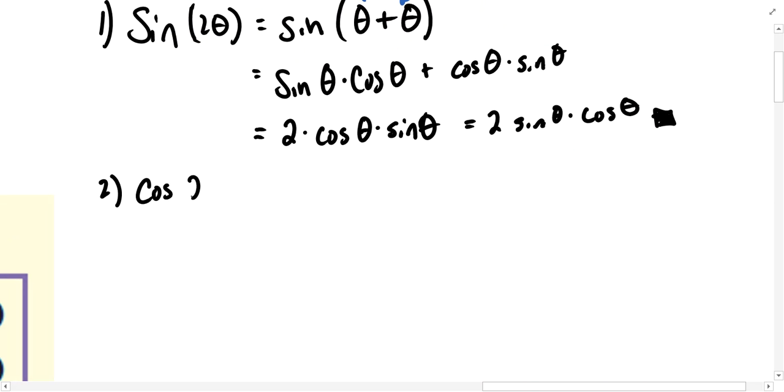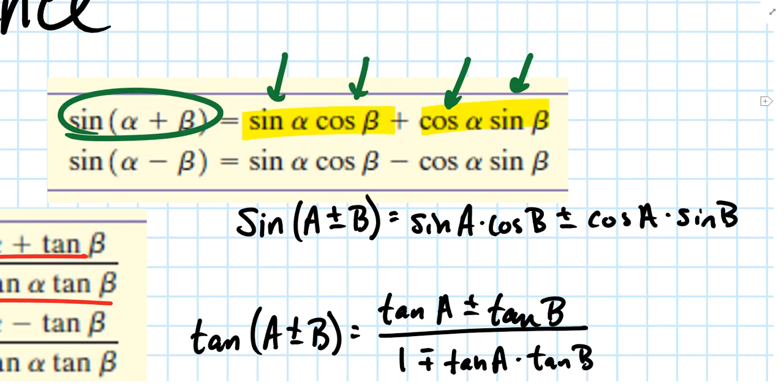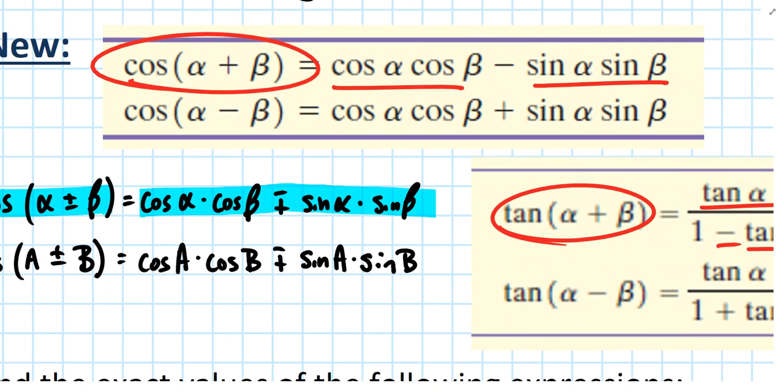Let's try the double angle for cosine. Let's see if we can establish this one or two different ways. Here again, I'm going to say that cosine of 2 theta, cosine of a double angle measure, is the same as cosine of theta plus theta. And again, if I'm using my sum or difference identities, here's cosine of alpha plus beta, so that's cosine of the first angle times cosine of the second angle, minus sine of the first angle times sine of the second angle.